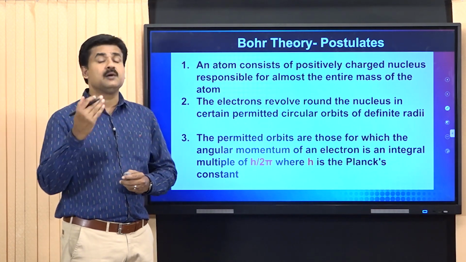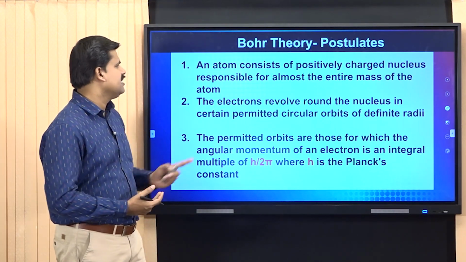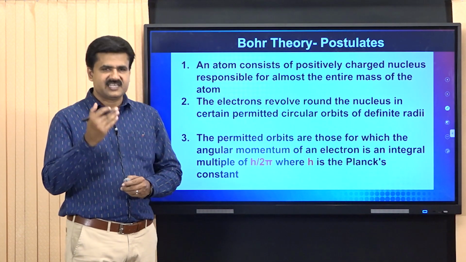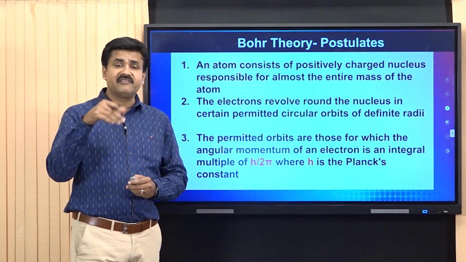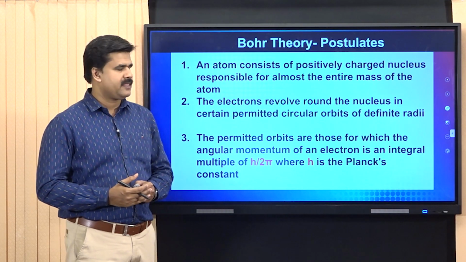Now, the position of the electrons is mentioned in the second postulate. The electrons revolve around the nucleus in certain permitted circular orbits of definite radii. That is, electrons are revolving around the nucleus through certain circular orbits.